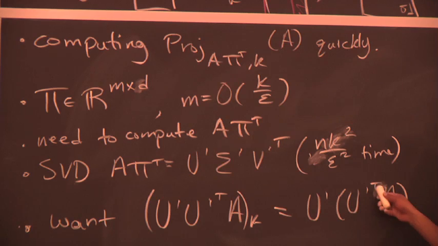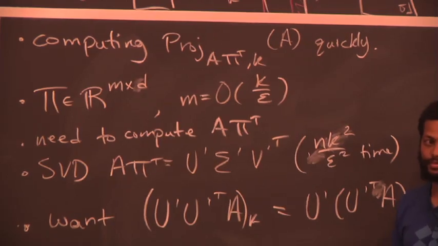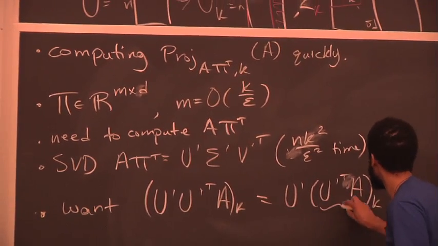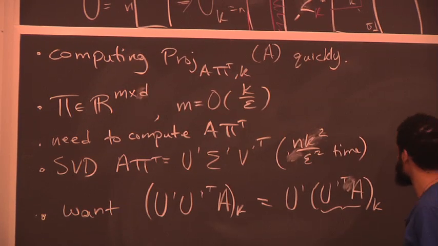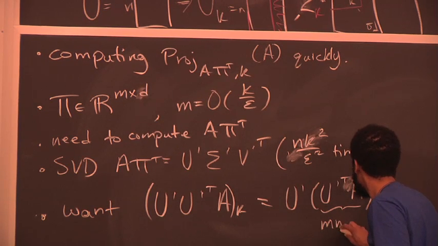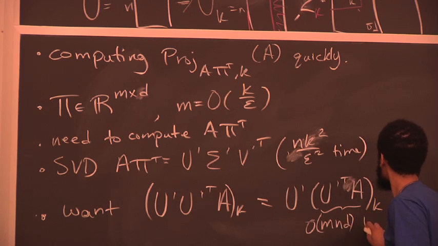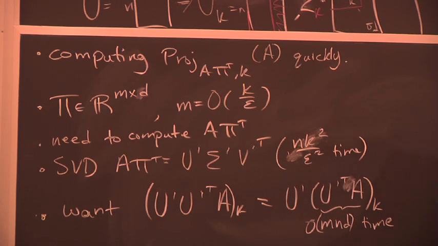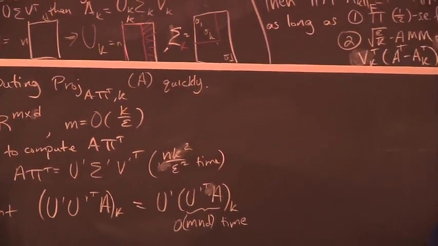Computing U prime transpose A, well, what are the dimensions of U prime? U prime is n by m. So just computing U prime transpose A takes time m n d. So we've at least replaced one of the d's with an m, which is like k over epsilon.